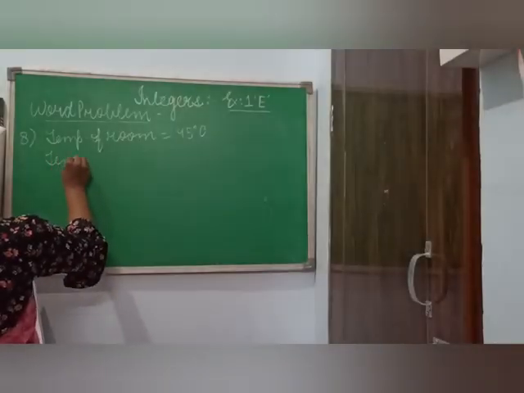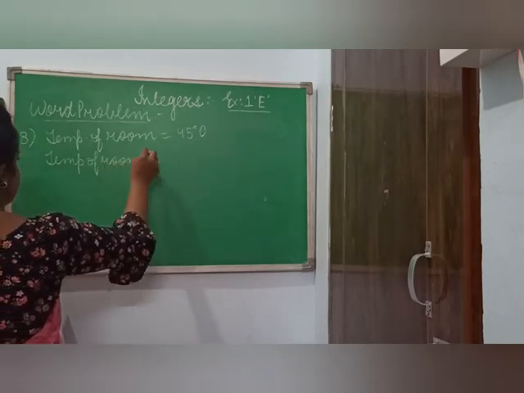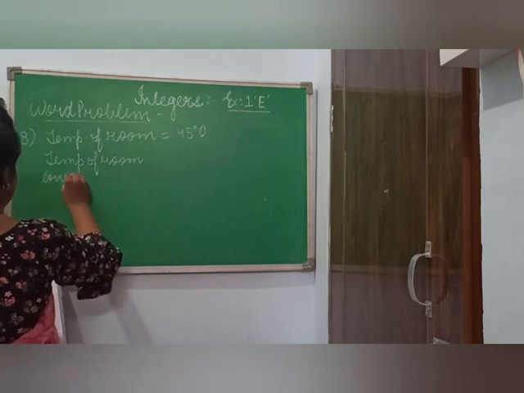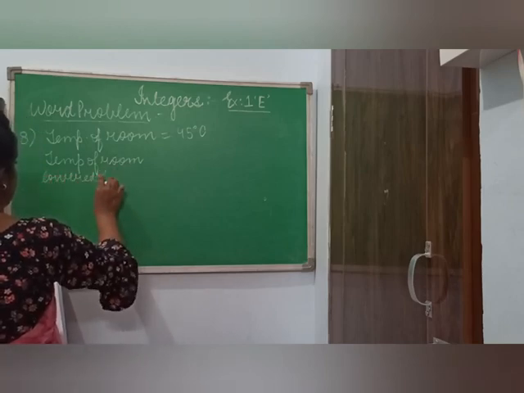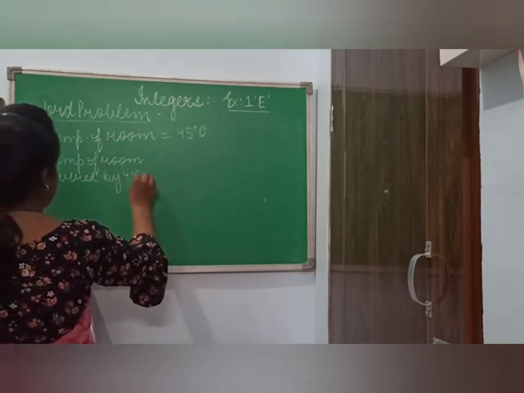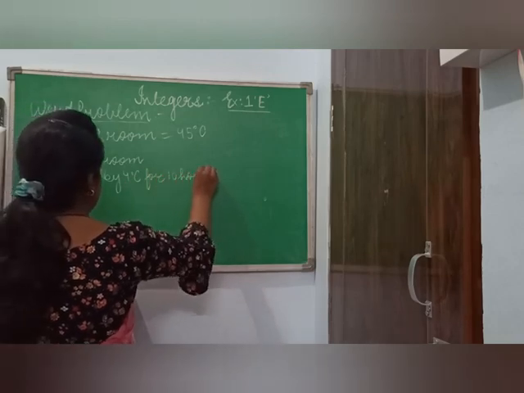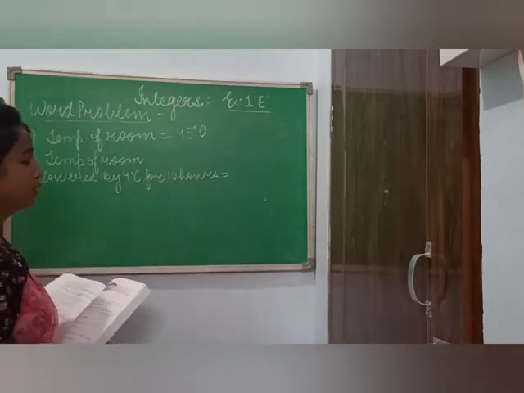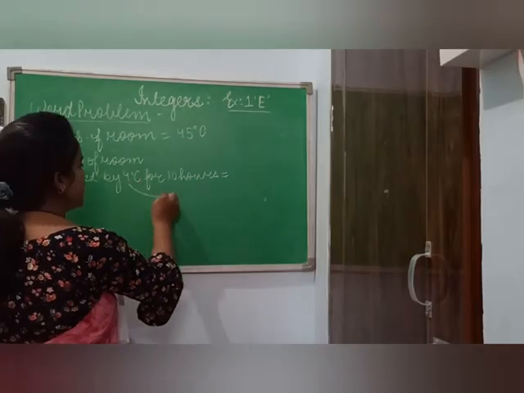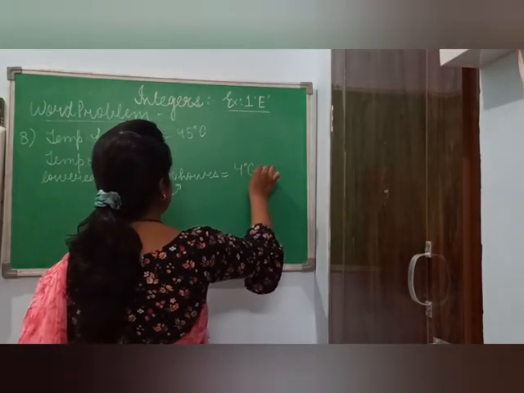So, the temperature of room lowered by 4 degrees centigrade for 10 hours will be. Now, if the temperature of the same room is lowered by 4 degrees centigrade for continuous 10 hours, what will happen?